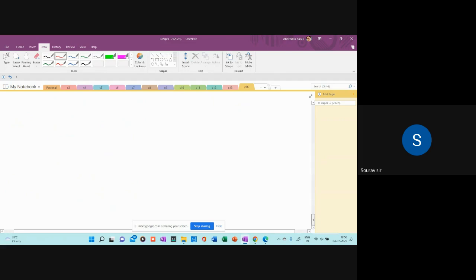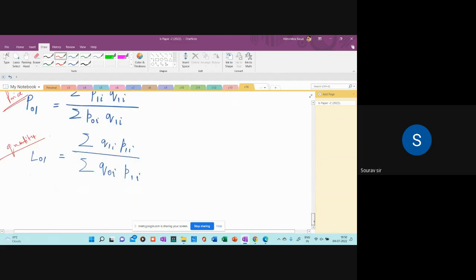And what we have again is Paasche's quantity index P naught 1.